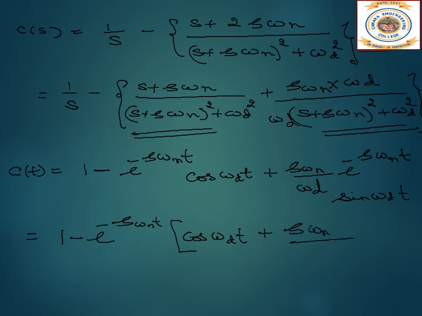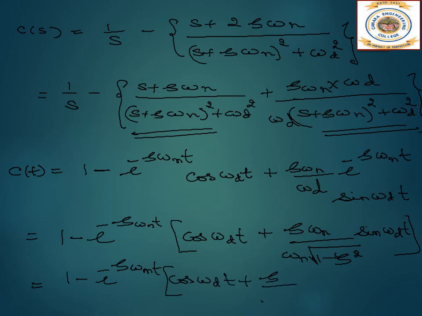But what is omega d? Omega d is omega n root of 1 minus zeta square. So I can write this as 1 minus e to the power minus zeta omega n t into cos omega d t plus zeta by root of 1 minus zeta square sine omega d t.